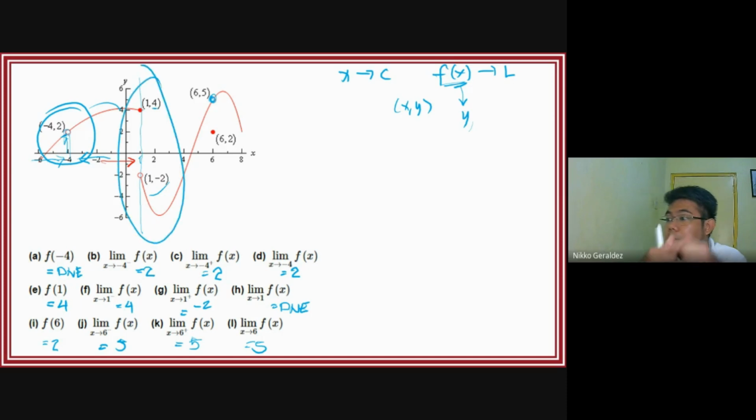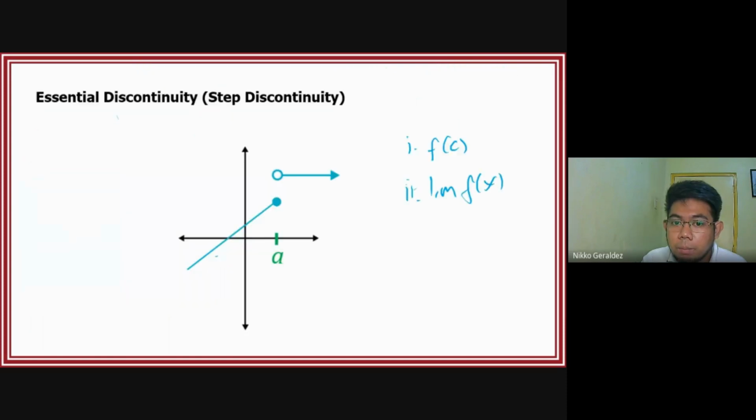So kung meron kang step discontinuity, magfe-fail siya sa condition number 2. Pag nag-fail na sa condition number 2, huwag ka na mag-proceed sa condition number 3, kasi mag-fail din naman yun. So, that is step discontinuity.